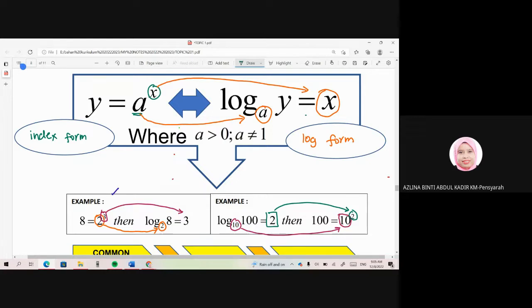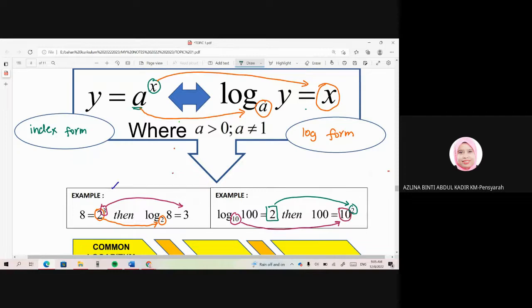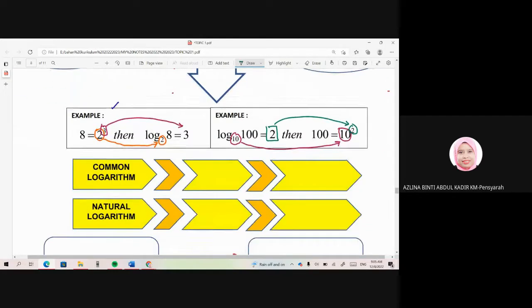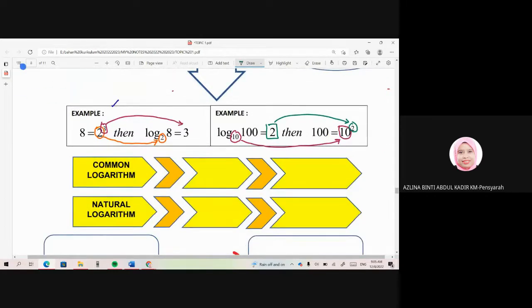Okay, next we have two types of logarithm: common log and natural log. The first one is common log. What is common log? Log with base 10, log m base 10.